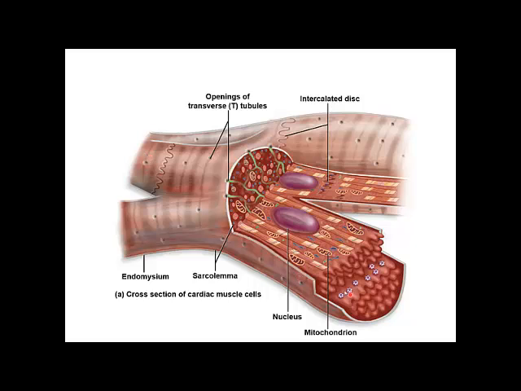The other type of cell-to-cell junction, they show them down here, and these are our gap junctions. They serve another very important function. Remember, back in skeletal muscle cells, if one skeletal muscle fiber is activated, that activation will not cross over to its neighboring cell. Cardiac muscle cells, we have a very different function.